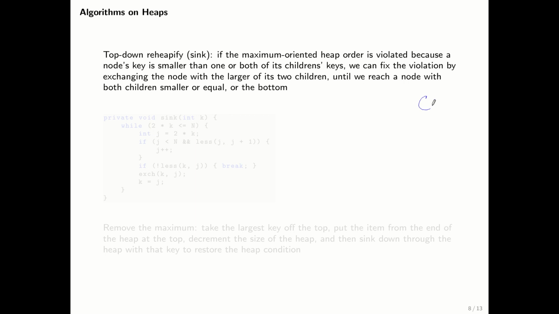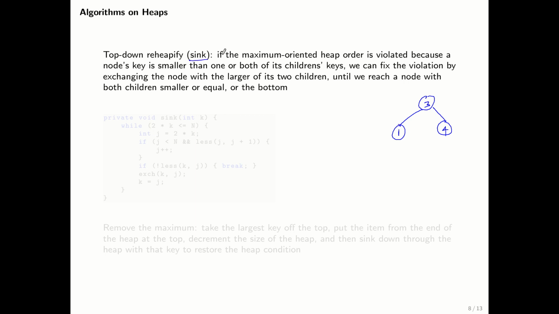You have a 3 here and a 1 here, but a 4 here. This is a violation because you're looking at a key which is larger than this one, but smaller than that one.